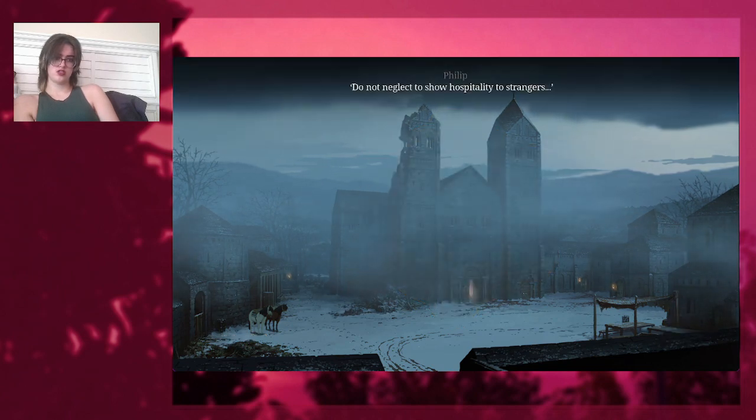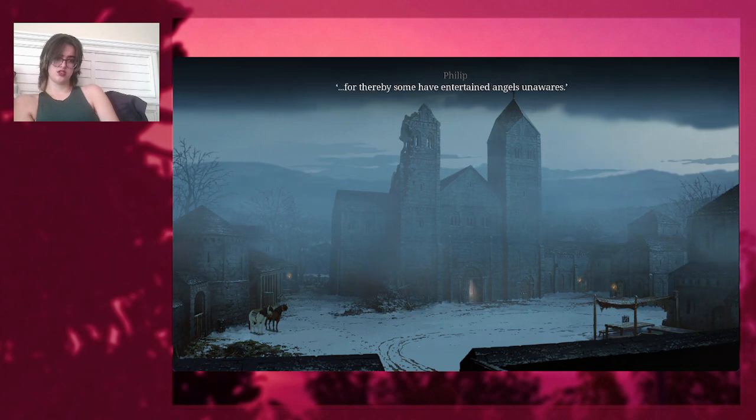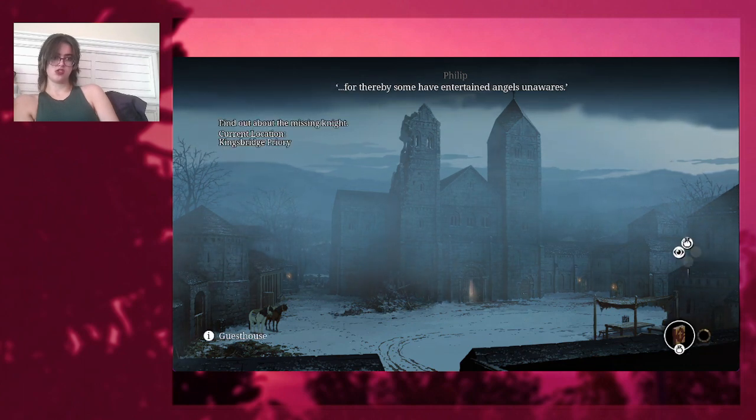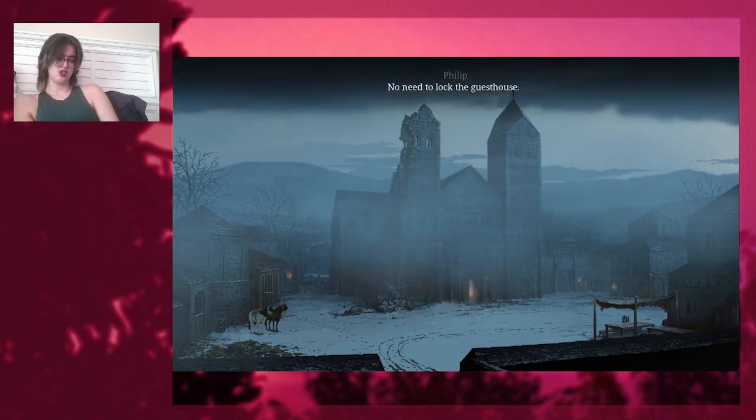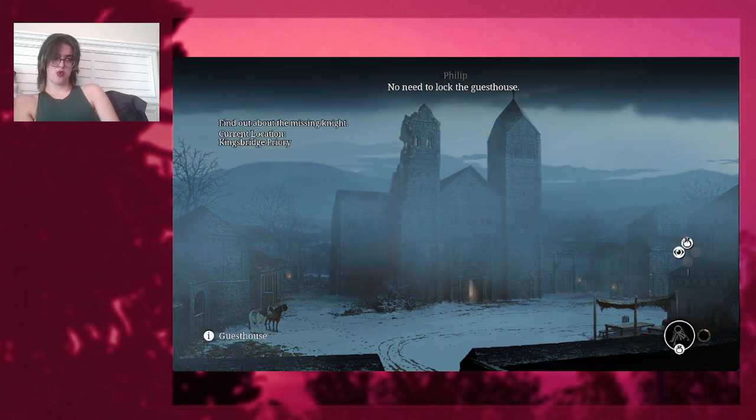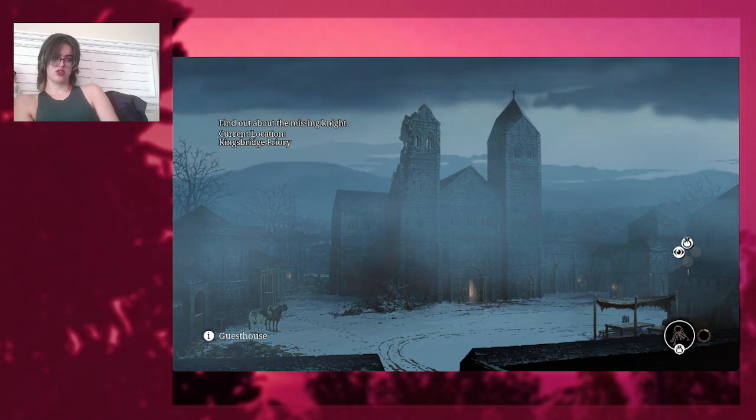Do not neglect to show hospitality to strangers, for thereby some have entertained angels unawares. No need to lock the guest house. Yeah, I want to go in the guest house.